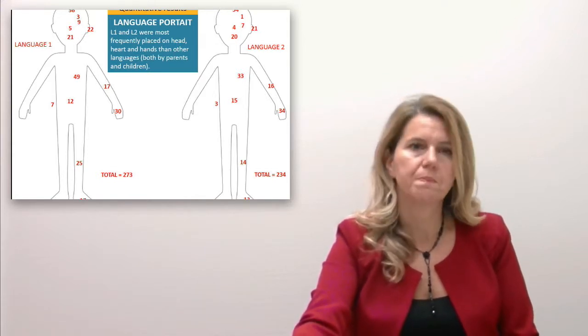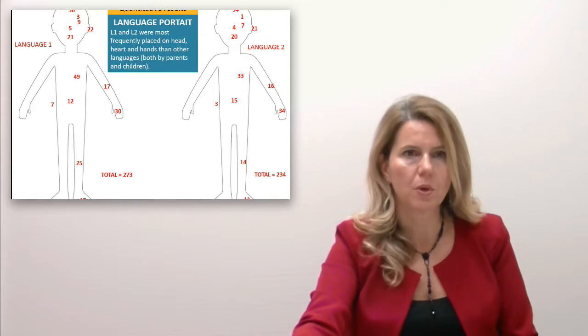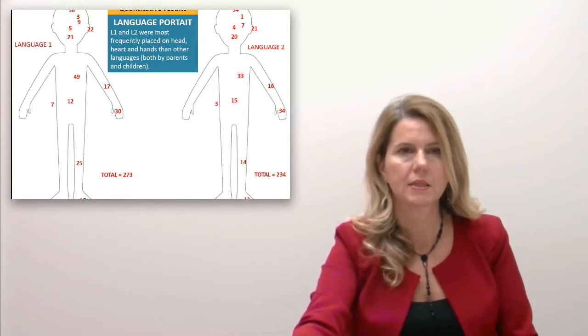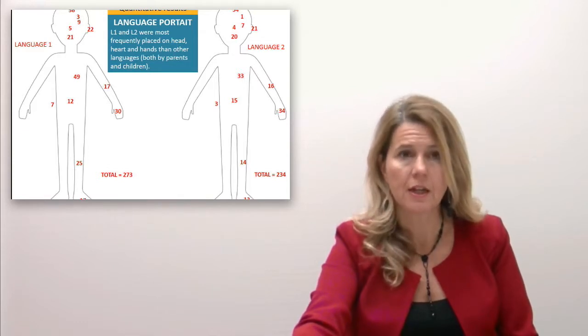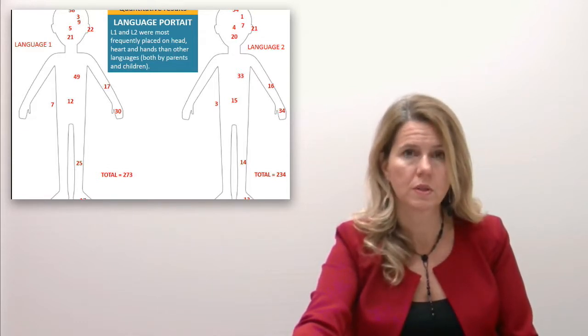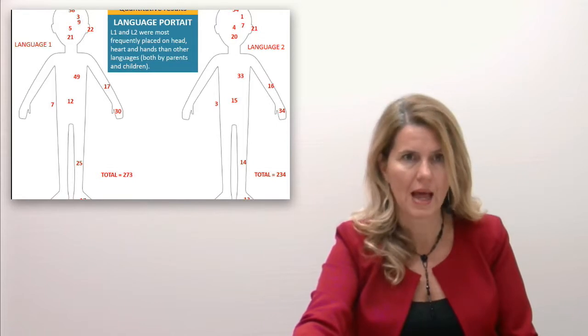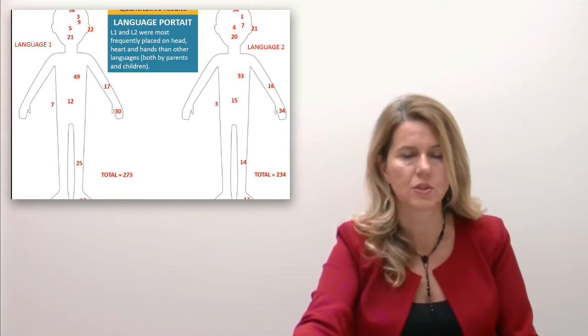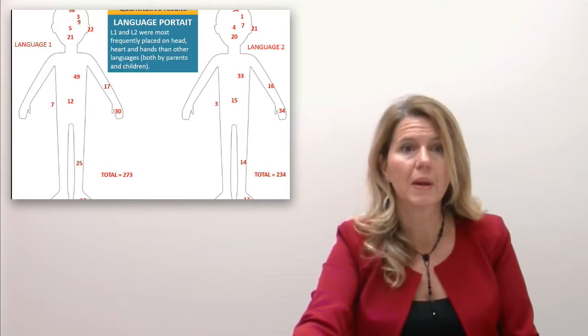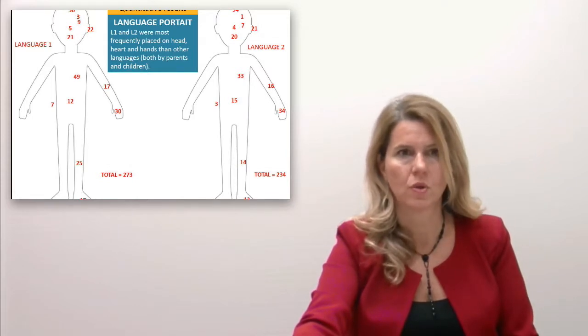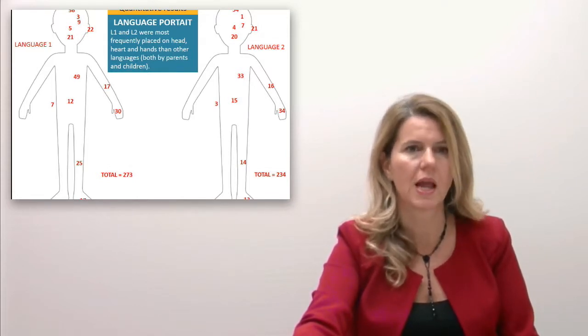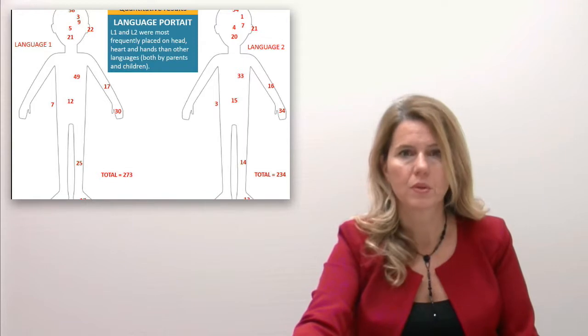So identity and emotion are really more nested in language 1, which is placed in the head. So what do you need for life, for work, for study, and so on? But it is also placed on the heart. So what you feel about this language is really important.